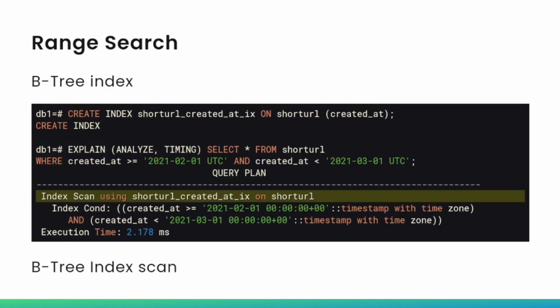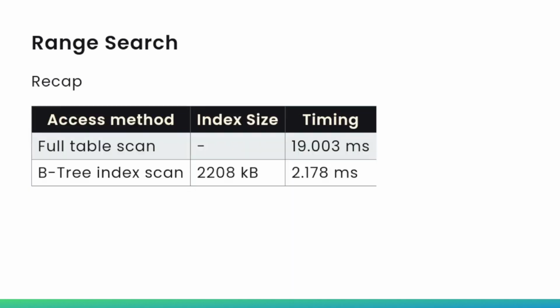So naturally, we go for a B-tree index, and we create a B-tree index on the created date, and we issue explain analyze with the exact same query, and we can see that Postgres decided to use our index. You can see an index scan using created at IX, and the execution time is now much lower, okay? So the full table scan was 19 milliseconds. The B-tree index scan took only 2 milliseconds.